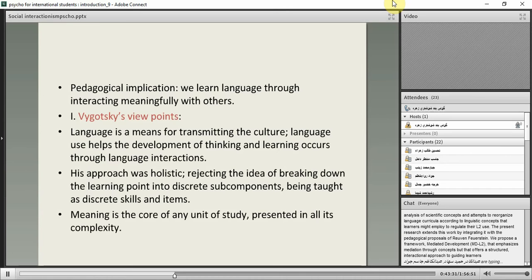And as I stated, he believes in developing a holistic approach to learning, and he argued that meaning should constitute the central aspect of any unit of study, right? Therefore, in learning language, the focus should be on meaning in its totality, rather than just acquiring knowledge represented in isolation.